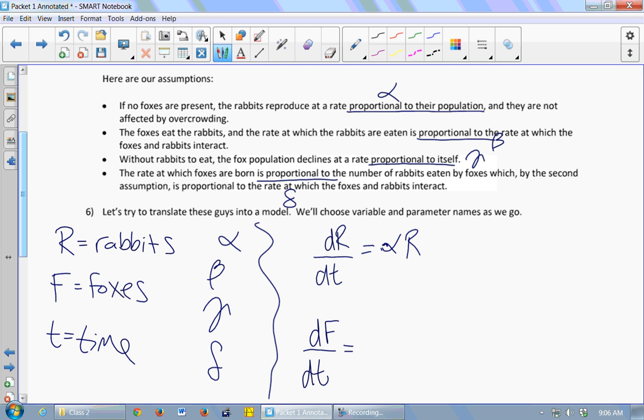So if you multiply them, we get some number that will tell us how often they interact, and the constant of proportionality will scale it appropriately. So as R gets bigger, the number that measures how often they interact needs to get bigger. And as F gets bigger, the number that measures how often they interact also has to get bigger.